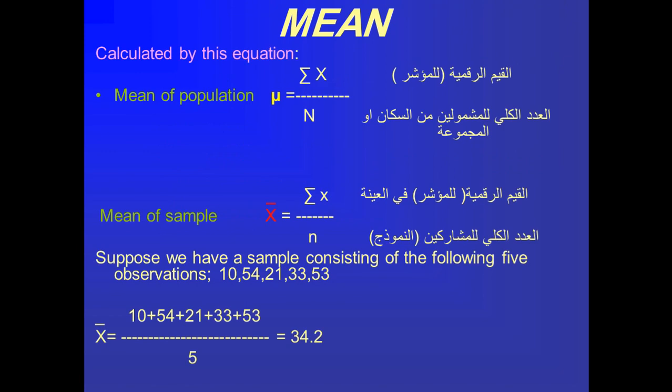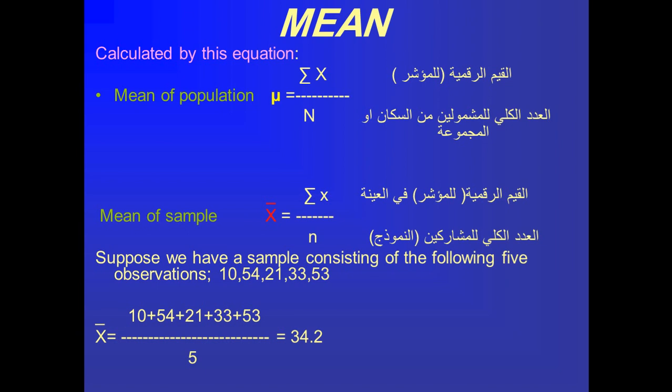So when we want to calculate the mean, we have to use a certain equation, and this is the equation. The mean of the population equals the summation of x over N, and N is capital, which means the people in a certain population. Suppose we are studying students in a college or students in a school, so all the students involved, we call them the population.